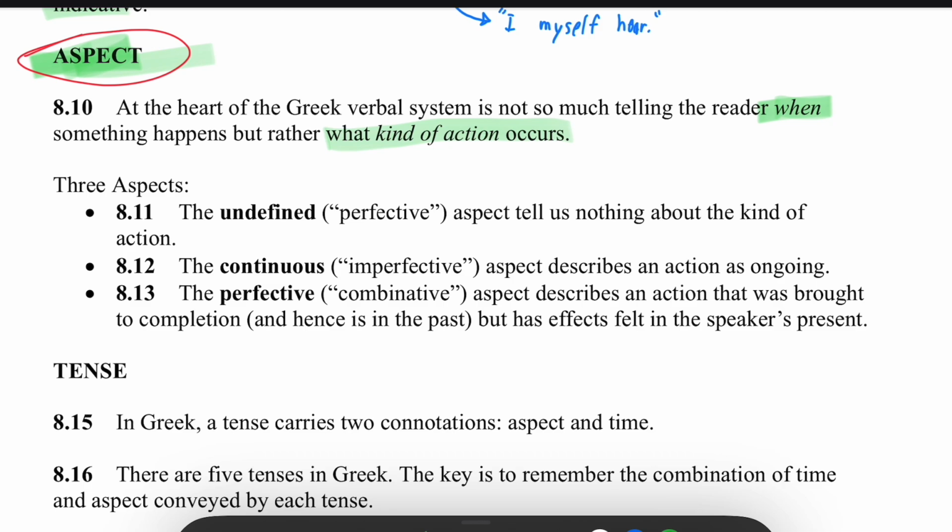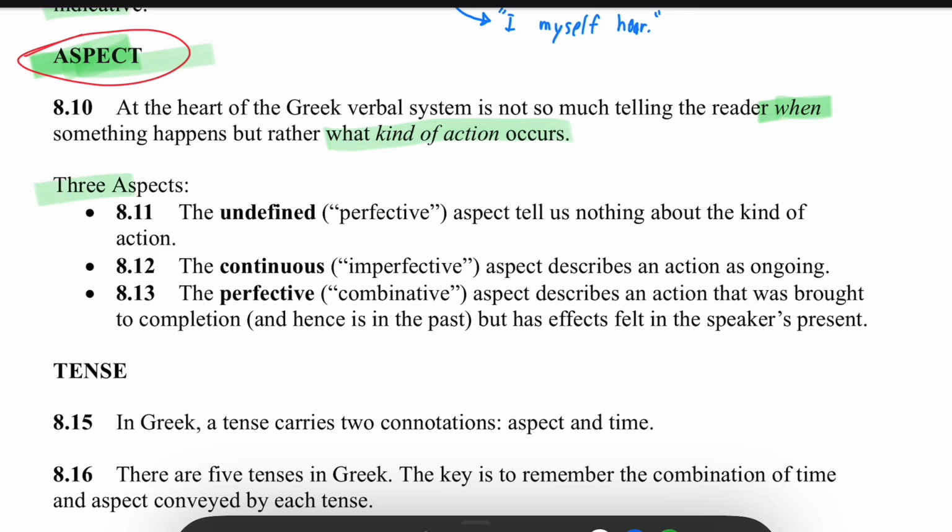So in English, our language has a focus on, is this a past thing? Is it a present thing? Is it a future thing? Greek can communicate that, but the bigger focus is, is it a happening action? Is it a happened action? Or is it a happened with ongoing implications action? Is it finished? Is it happening? What kind of action are we talking about here?